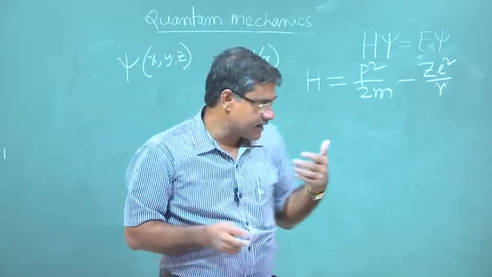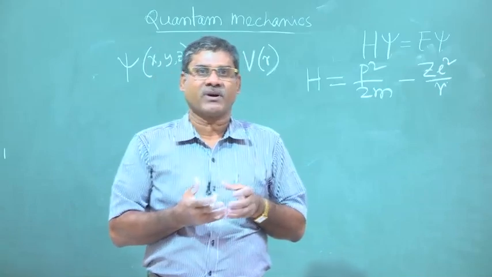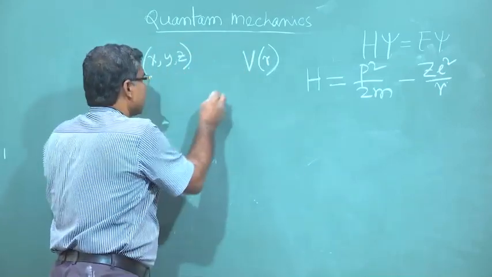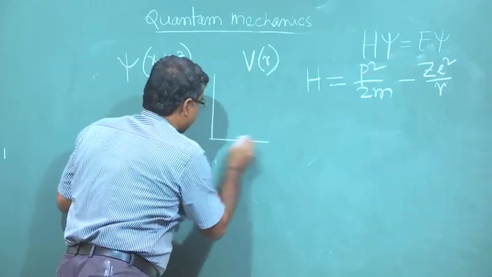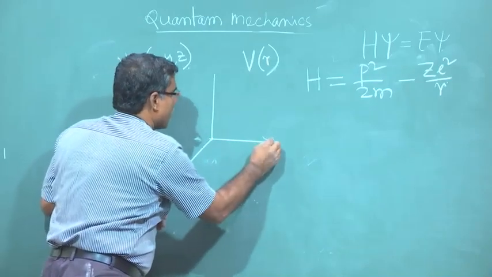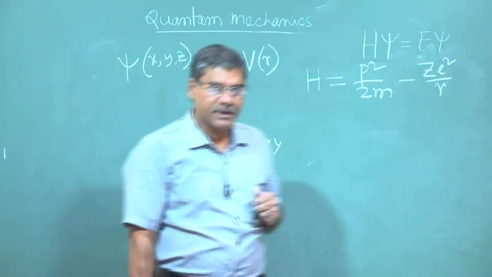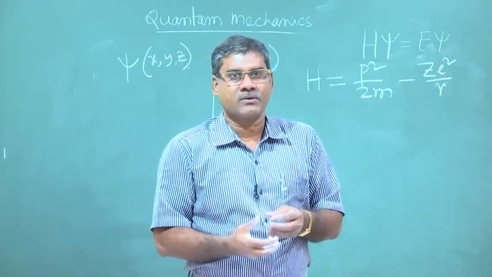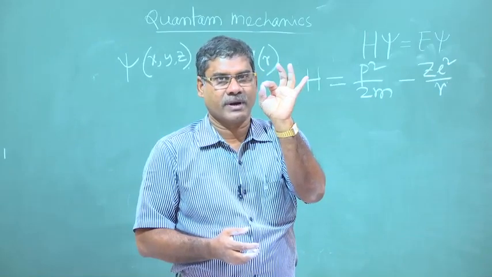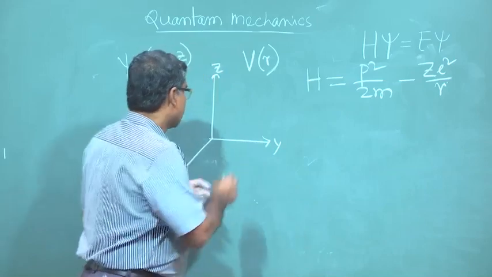Since it has spherical symmetry, one has to choose a proper coordinate system. You know this is the Cartesian coordinate system, x, y, z. A coordinate system is used to locate the position of the particle.